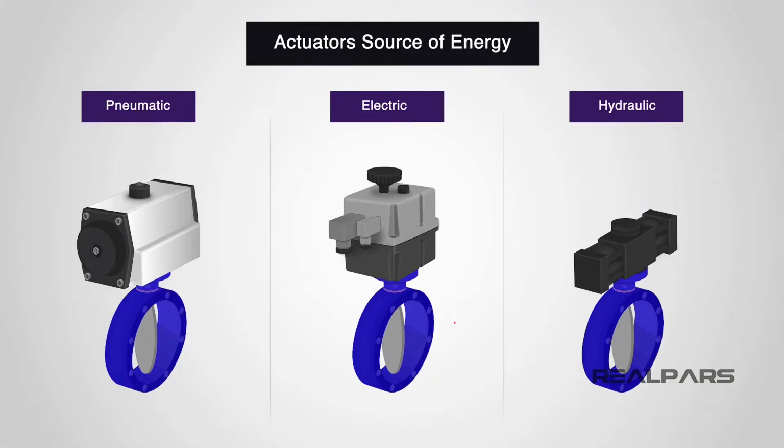Then, actuator sources of energy: we can have pneumatic energy, which can be converted into mechanical energy. You can have electric energy, which can be converted to mechanical energy. You can have hydraulic energy, which can be converted to mechanical energy. So the actuator sources of energy are pneumatic, electric, and hydraulic, which can be converted into mechanical movement or motion.